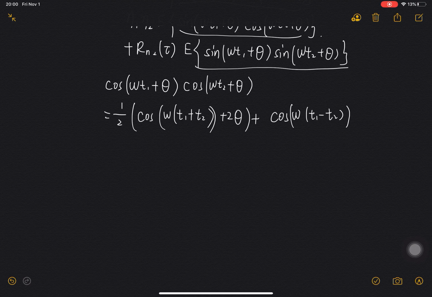And we have this t1 minus t2 as τ, so the final form of this should be like this.